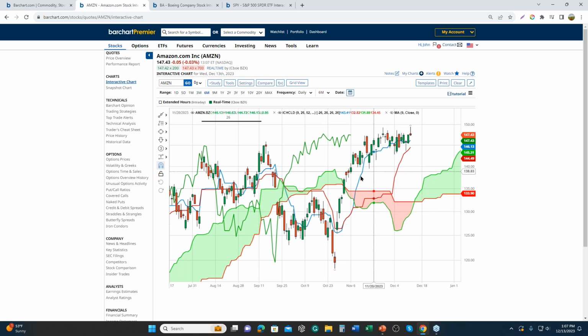And so the first one is the light blue one, which is the conversion line.